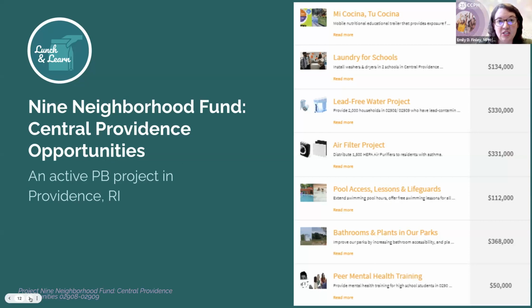And we actually are including in our packet of materials for participants the guidebook that the 9 Neighborhood Fund developed for their participatory budgeting process. It's a really fantastic guide that shows you how to apply these concepts in a real community. So very exciting to have that.